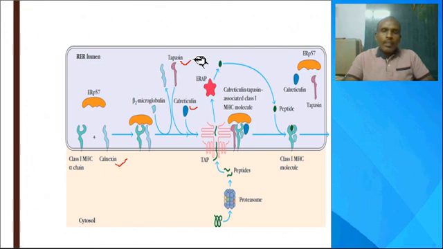In this MHC cytosolic pathway, MHC class 1 contains two structures, the alpha chain and beta 2 microglobulin. When the alpha chain is associated with calnexin, beta 2 microglobulin is not able to bind with the alpha chain.